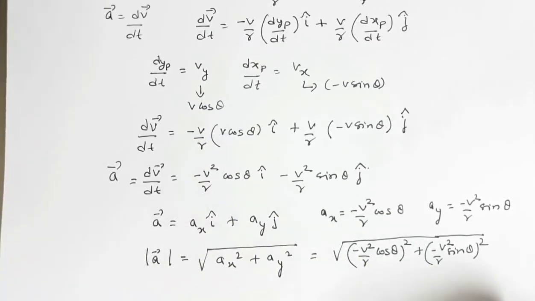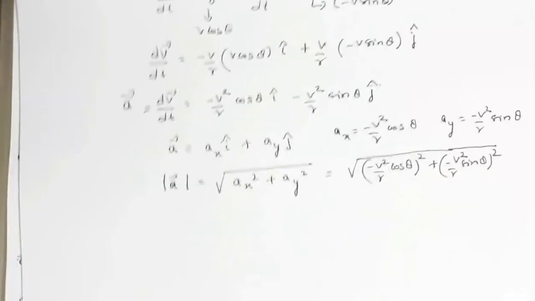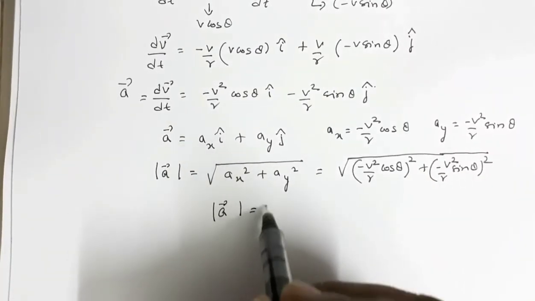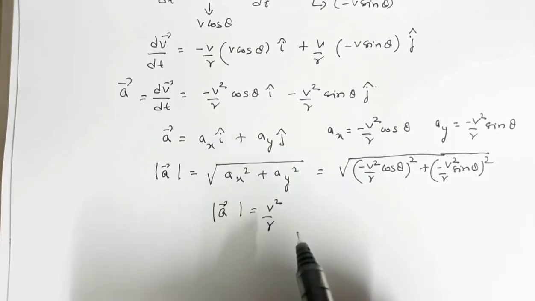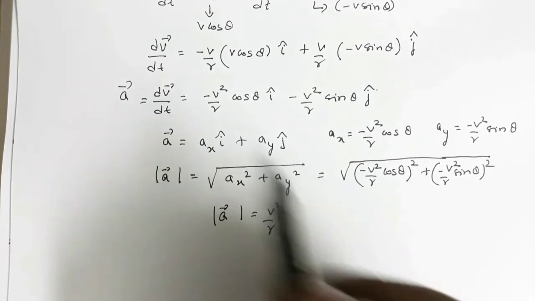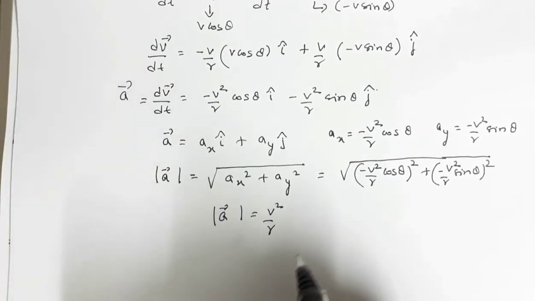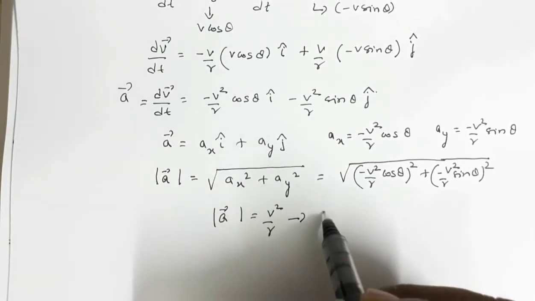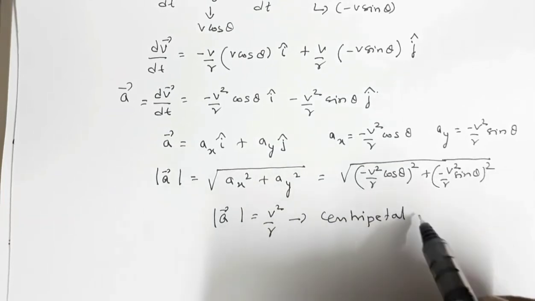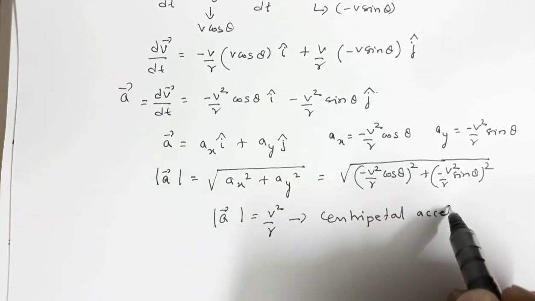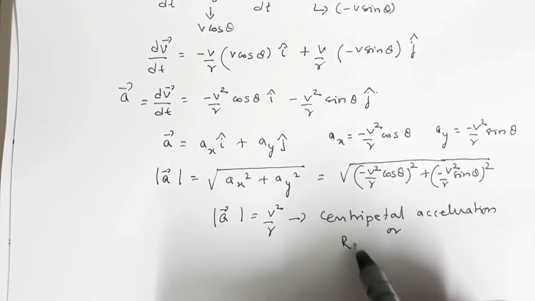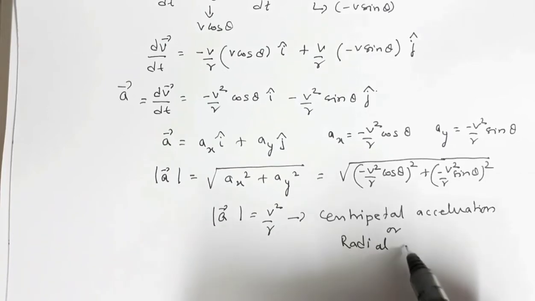So the magnitude of acceleration comes out to be v square by r. R is the radius of the circular path and v is the speed. This is the expression for centripetal acceleration, or we can call it radial acceleration.